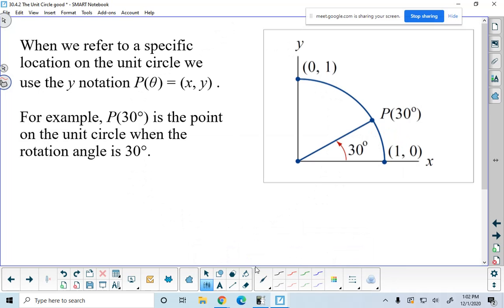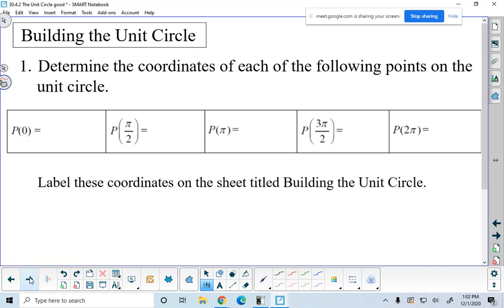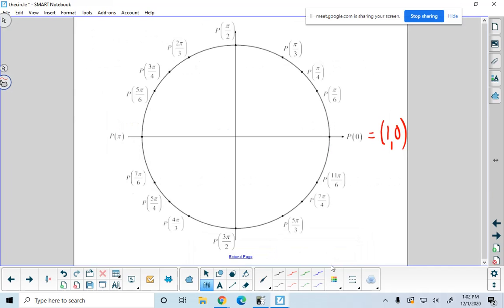Okay, now back to the handout. What are the values of P of 0, P of pi over 2, P of pi, P of 3 pi over 2, and P of 2 pi? What I am asking you is what are the coordinates of this point, this point, this point, and this point. And by the way, P of 2 pi would be the same as P of 0.